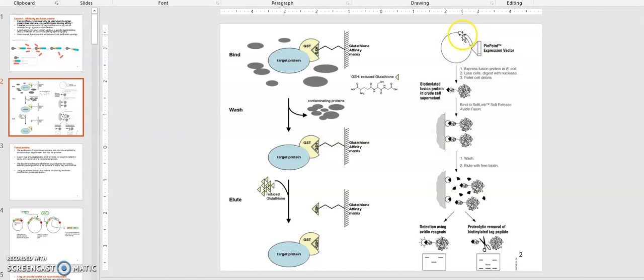Two different protein coding genes are fused together. That's what a fusion protein is. So you create a gene that codes for a fusion protein.